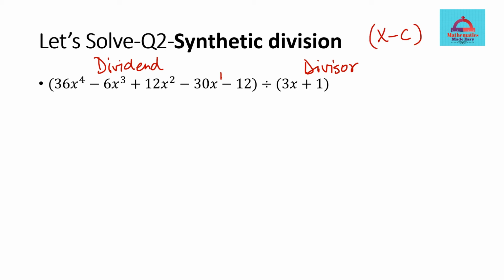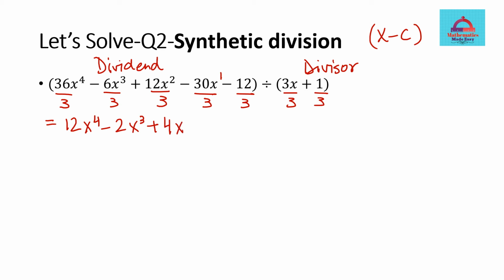That means we need to make the coefficient of x as 1. So which number are we going to divide them both with? Definitely 3. So I divide both the dividend and the divisor with 3, so that we are able to convert into x minus c form. So the dividend reduces to 36 divided by 3, that is going to give you 12x to the power 4 minus 2x cube plus 4x square minus 10x minus 4.